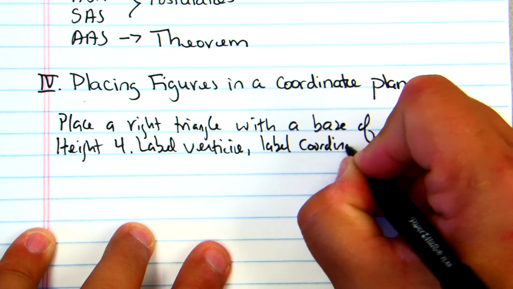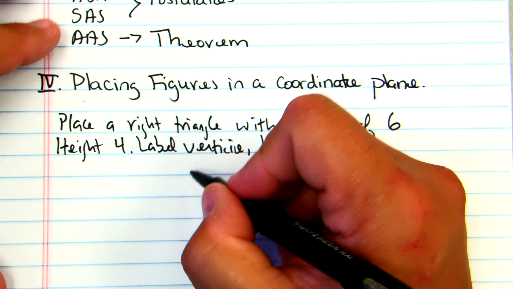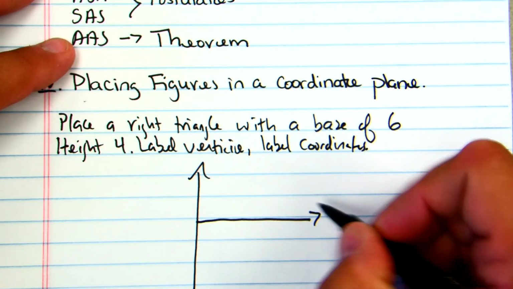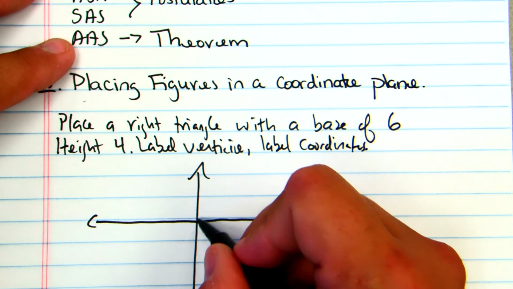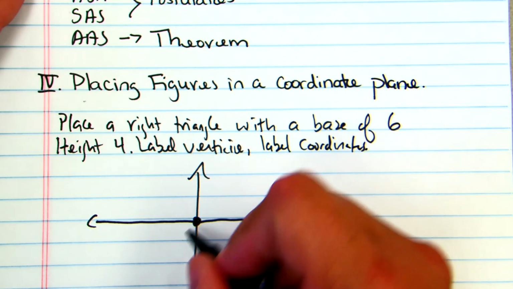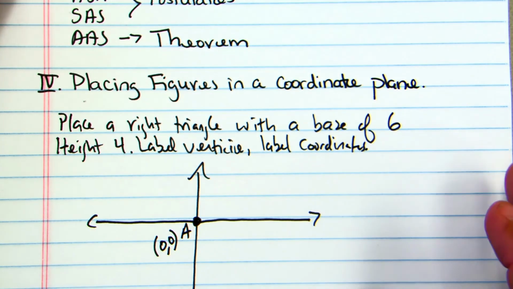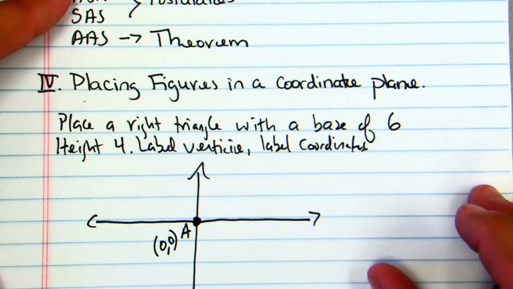If I were doing this, I would draw my coordinate plane. Doesn't have to be fancy. I would put my first point at 0, 0. Call this point A, and it's going to be at 0, 0. I always pick 0, 0. It's the best place to put it.